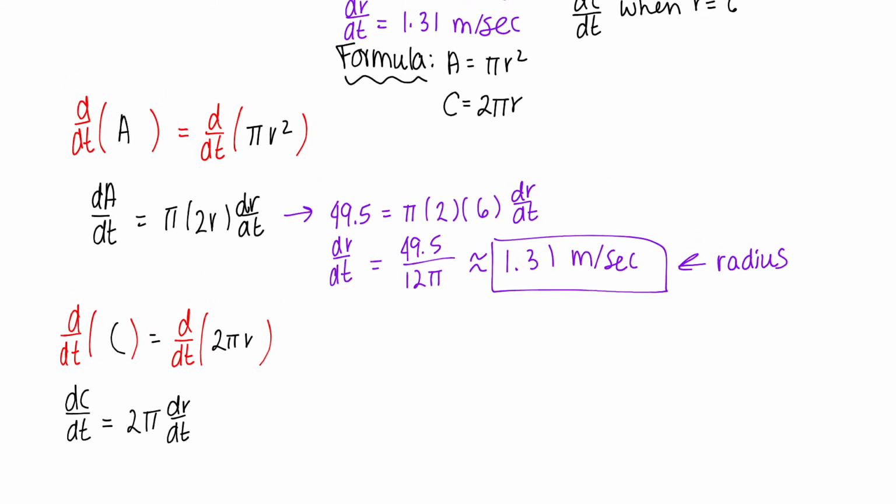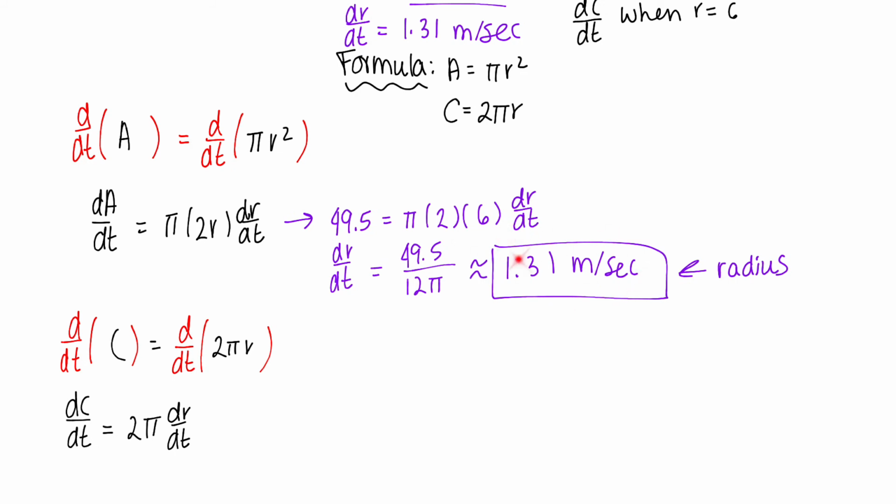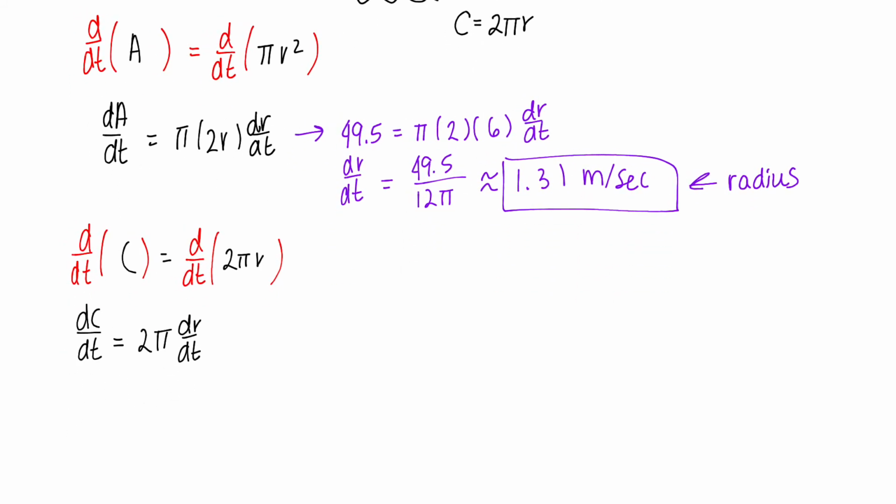Once again, we know that dr/dt is 1.31 meters per second. So dC/dt is equal to 2 pi times 1.31. And that gives me approximately 8.23, and then circumference is also measured in meters. And the rate of change would be measured in meters per second.